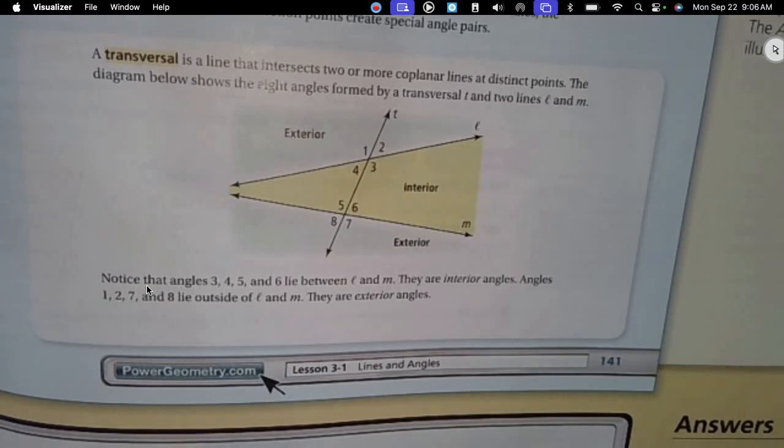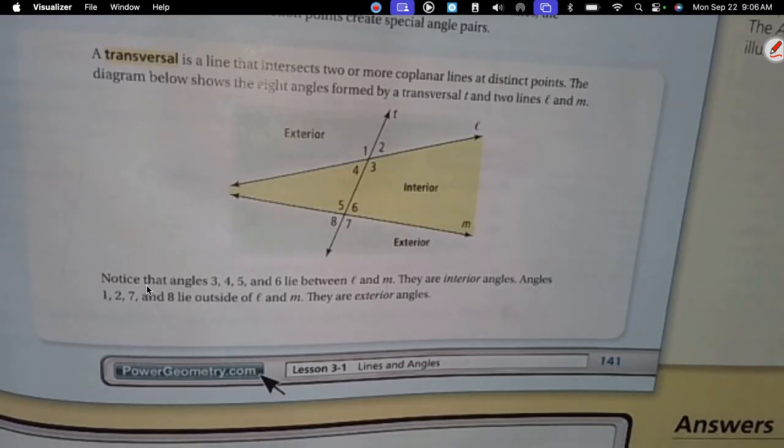Tomorrow, our transversal is going to look more like this. Does that make sense? Those will be parallel. Today, we're just learning some things about the angles, okay? Tomorrow, it changes, though. It's very important. I don't know why we just don't learn it with a parallel.